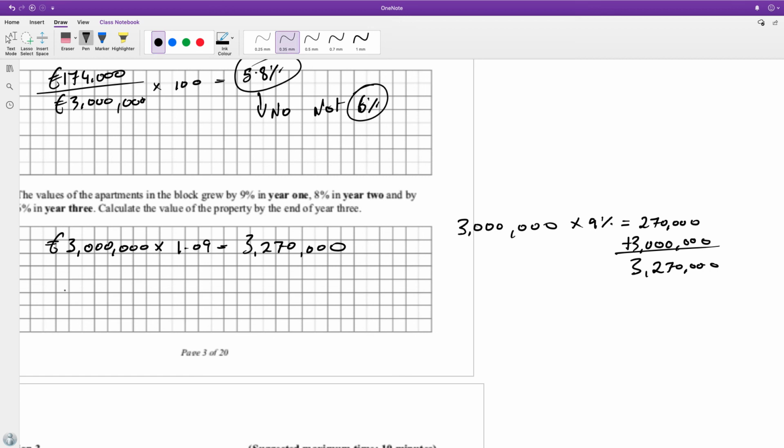So then you take the 3,270,000 and multiply it by 1.08, and then you take that figure and multiply it by 1.06, right? Get the final figure.